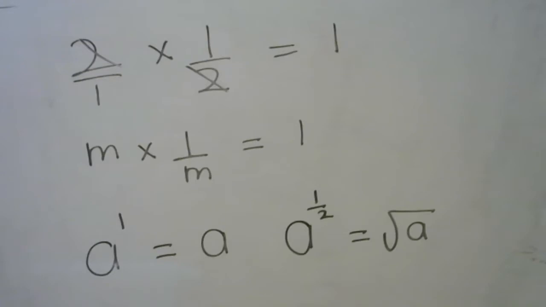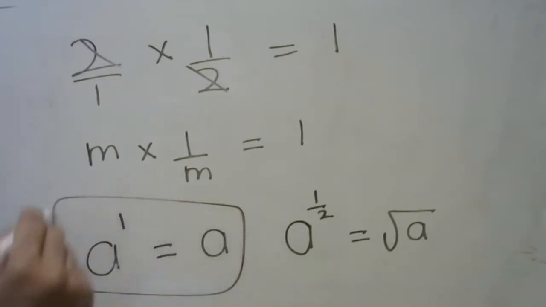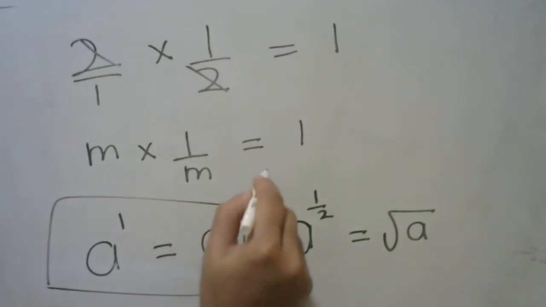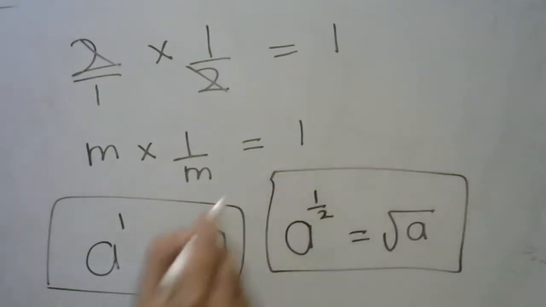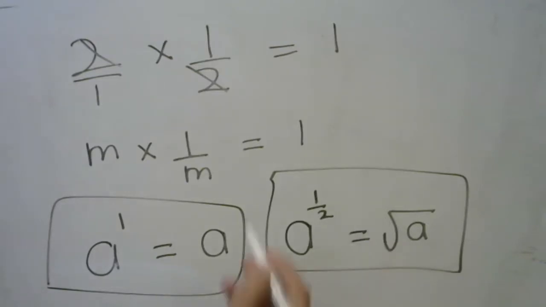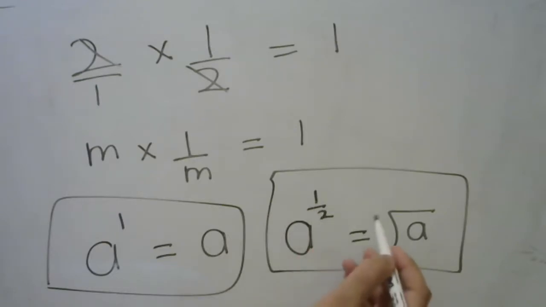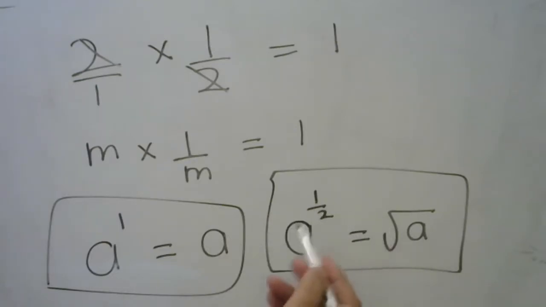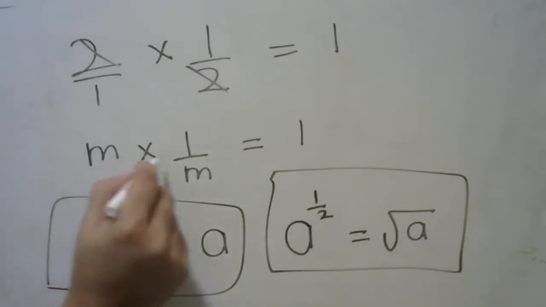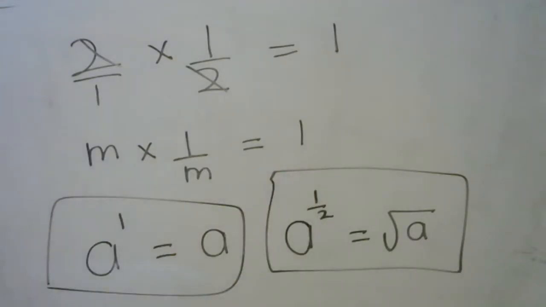And we'll look at that now. So you keep this in mind, a to the half is the square root of a. You don't normally put the 2 here. If it's cube root, you put the 3, or if it's a to the 1 upon 4, you put 4 or 5. But when it's 2, it's understood that this is the square root, right? We know m times 1 upon m is 1. Good.